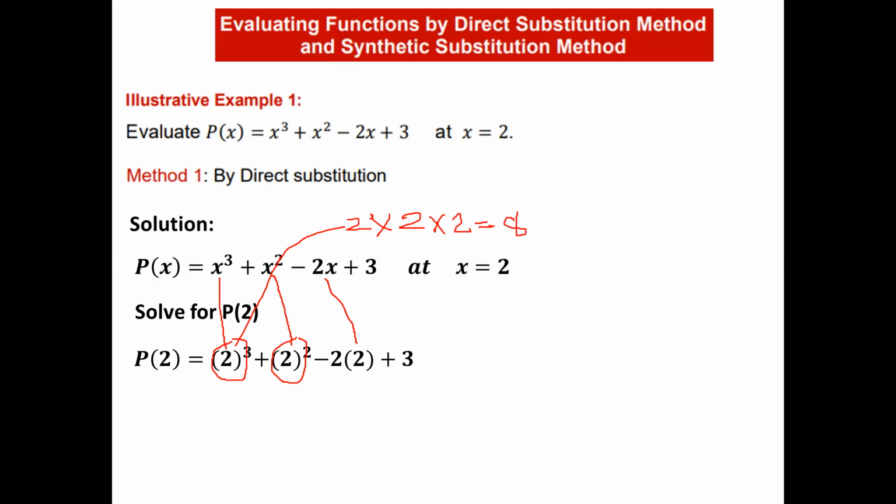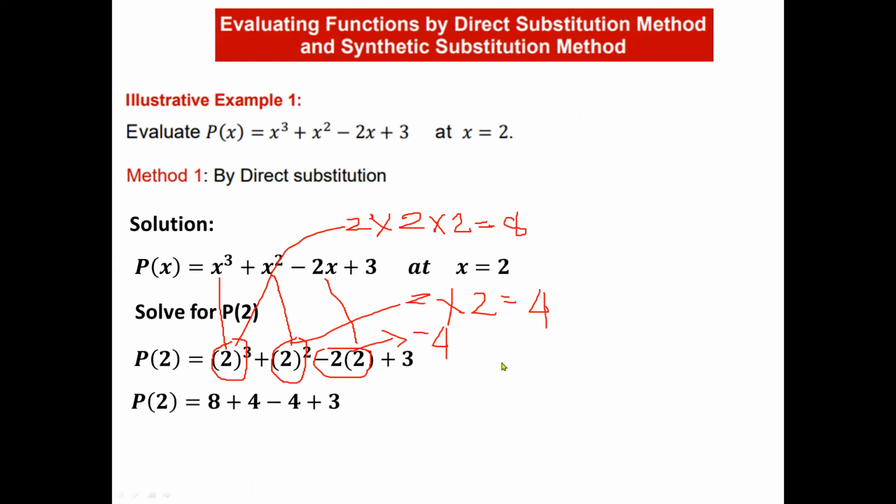Same thing sa 2 square. Ang ibig sabihin ng 2 square is 2 times 2, and then we can have a result of 4. Then negative 2 times 2, since unlike sign yan, we will be having a result of negative 4. Nasusundan ba natin, anak? Okay, so let's proceed.